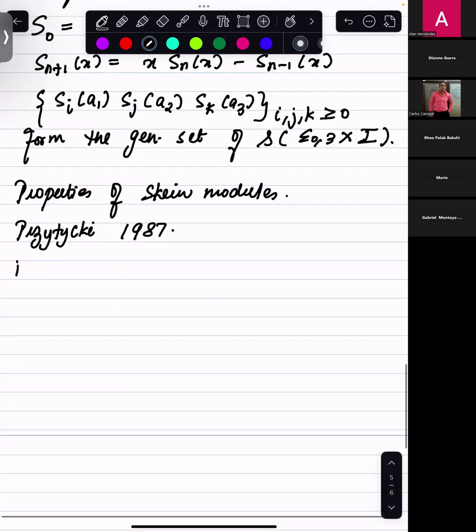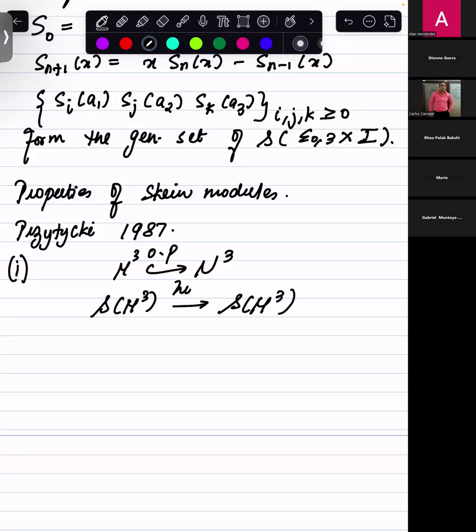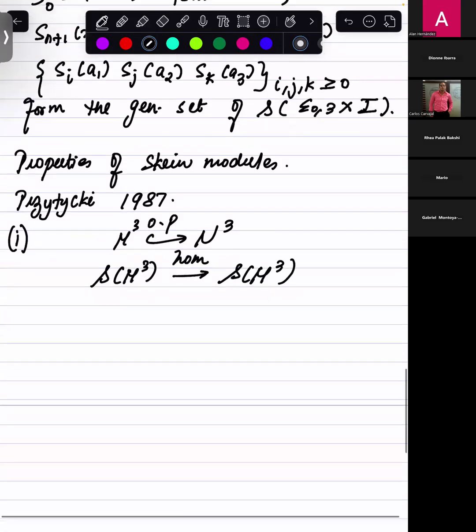So the first one says that Skein modules have an inherent functoriality. If you have an orientation preserving embedding of two oriented 3-manifolds, then that induces a homomorphism of the corresponding Kauffman bracket Skein modules.